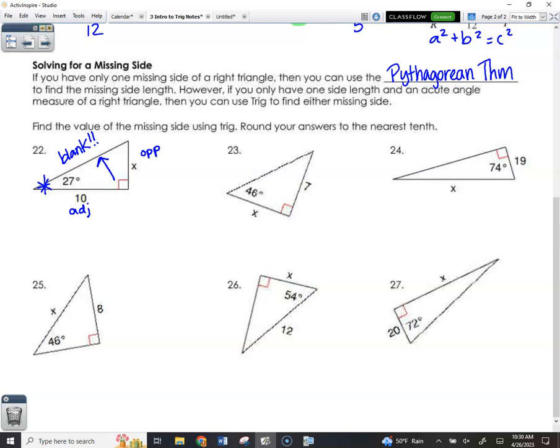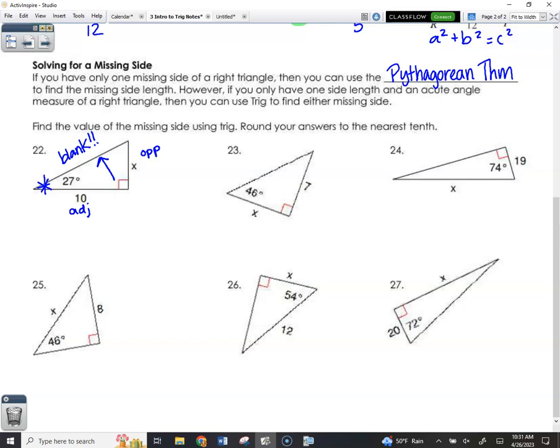So the question is, how do we know which trig function to use? Because you have 3 of them. Well, you know today we're only using tangent. That's how you know today, right? And how would you know, though, if I just threw them all at you? If you drew an arrow from the right angle to the hypotenuse and it's blank, it's tangent. Okay? Go with me?